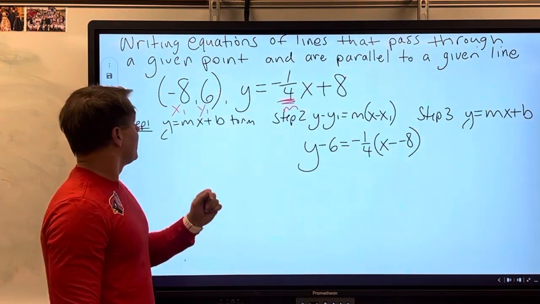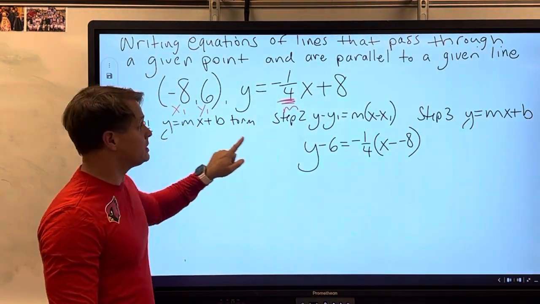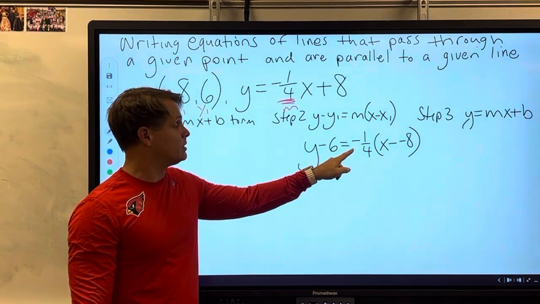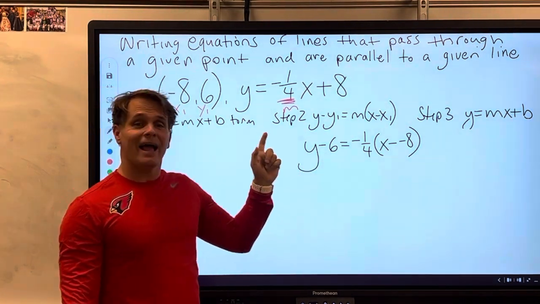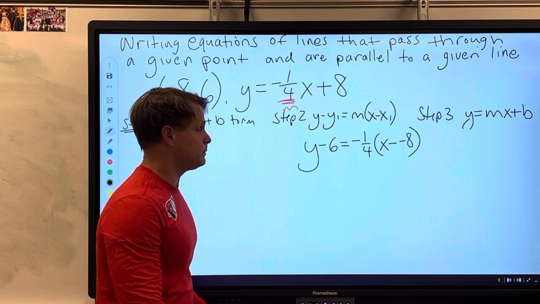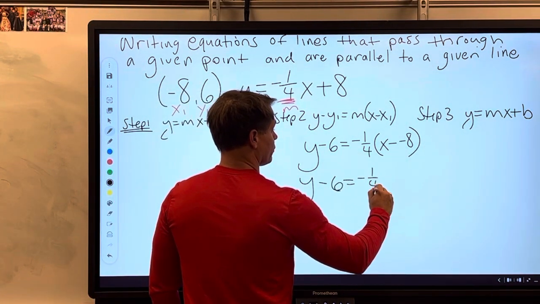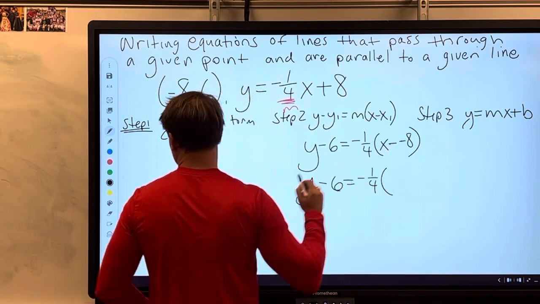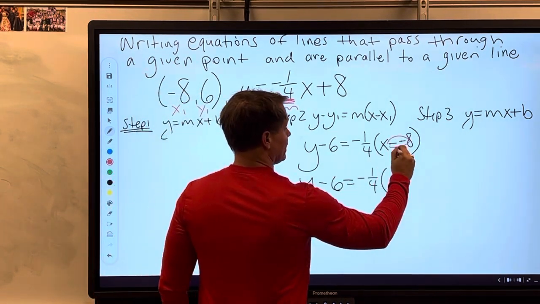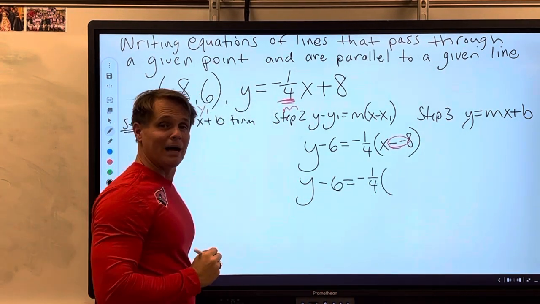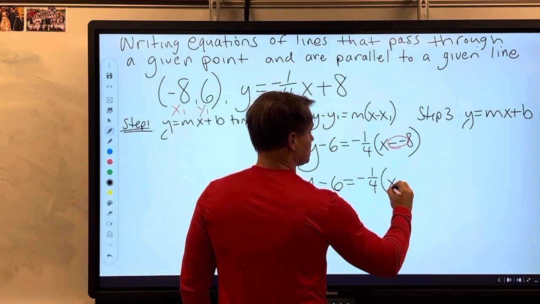Don't forget, every time you put these points into this formula for point slope, they're always going to have opposite signs when you're done. So I got y minus 6, -1/4, a negative and a negative. We know that a negative and a negative like this make a positive. So x plus 8.